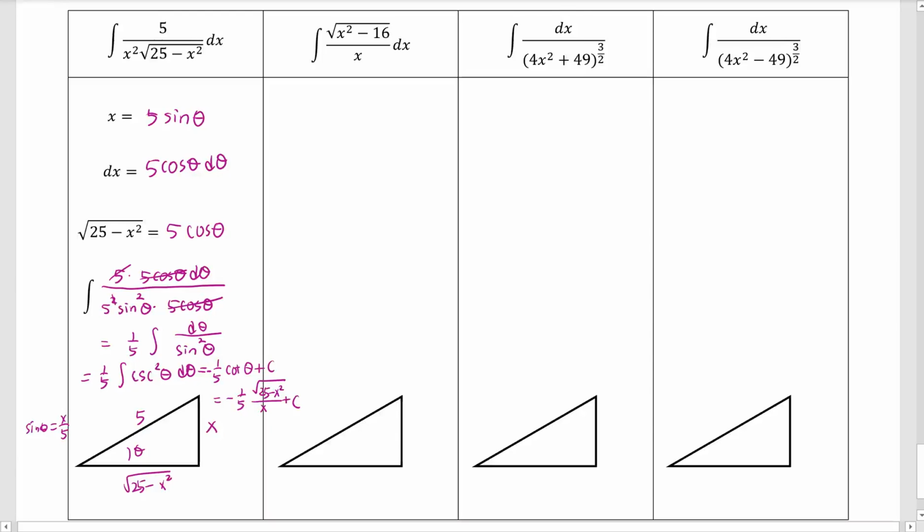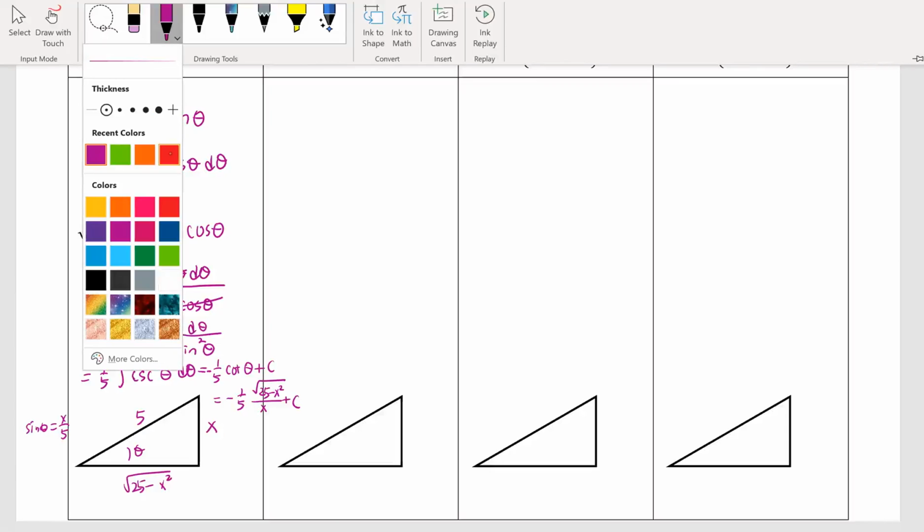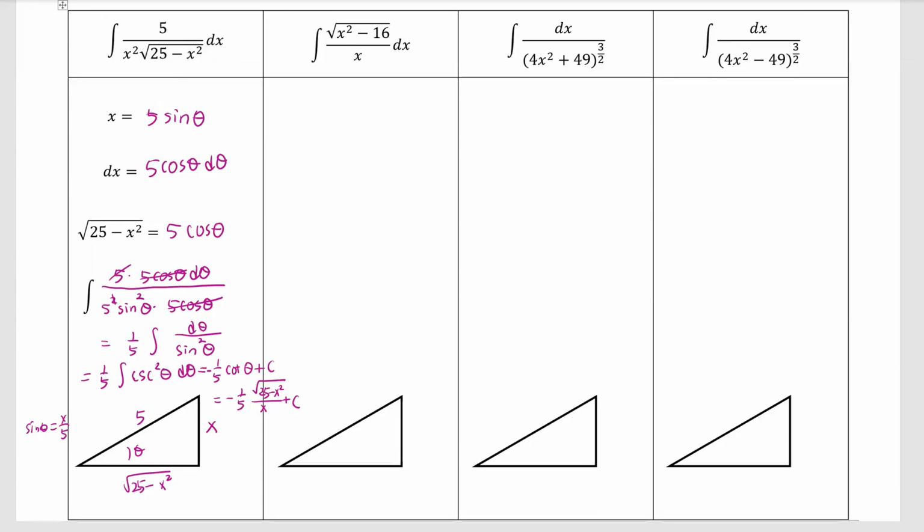So next, let me change to a different color so that you can see it's a different problem. Which color do you like? How about green? Okay, so square root of x squared minus 16, what is x? Well, x is secant, right? It's 4 secant theta. And then dx is 4 secant theta tangent theta d theta.